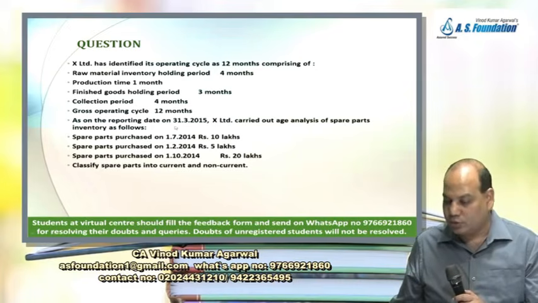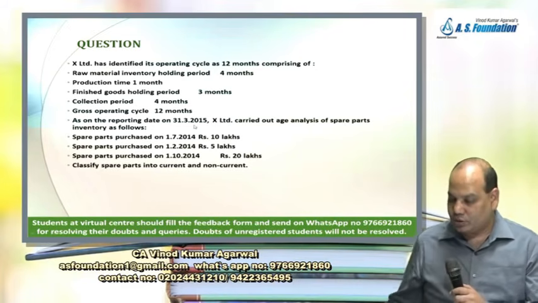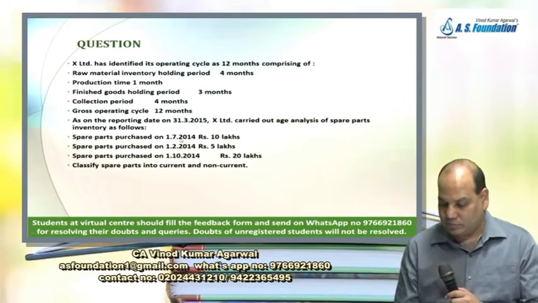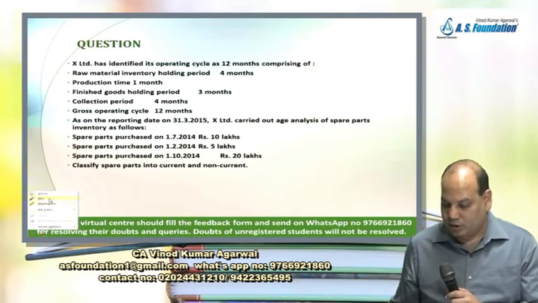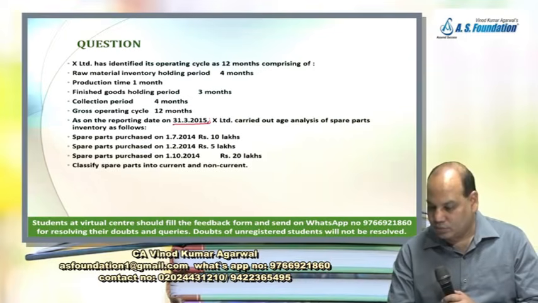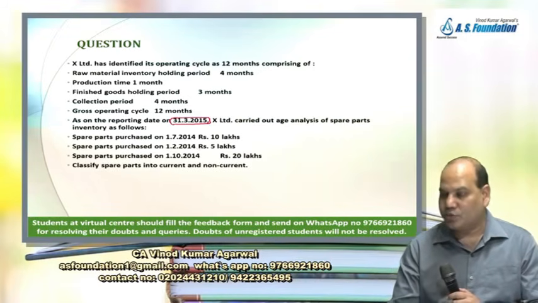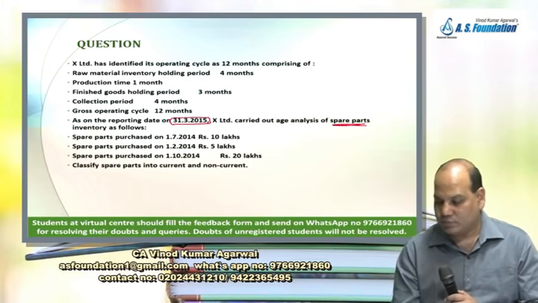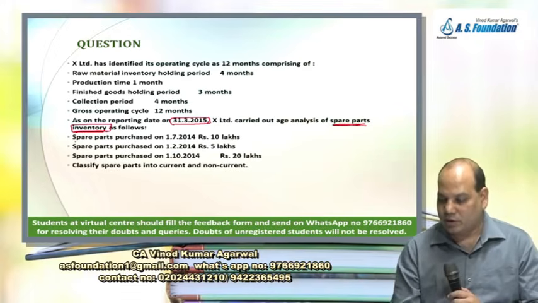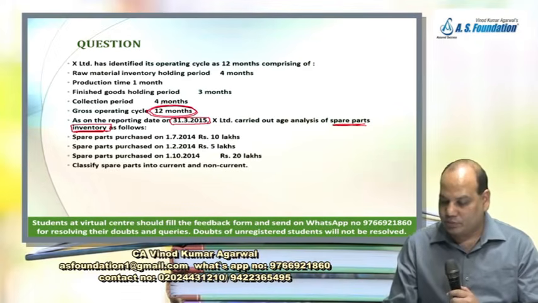And as on the reporting date, 31st March 2015, X Limited carries out age analysis of spare part inventory. So what is the current asset item we have? Spare part inventory. What is the operating cycle period? 12 months.